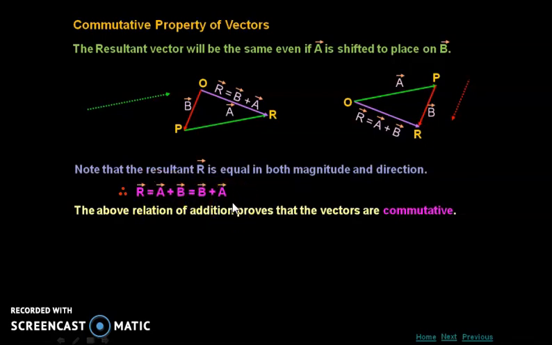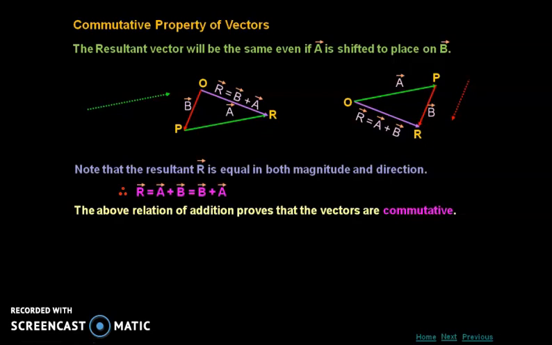This relation basically proves that the vectors are commutative. Simply put, commutative vectors are those on which there is no difference on changing the configuration. Like you can see, if you write a plus b, you can also write b plus a. Both will be the same in resultant, both in direction and magnitude.